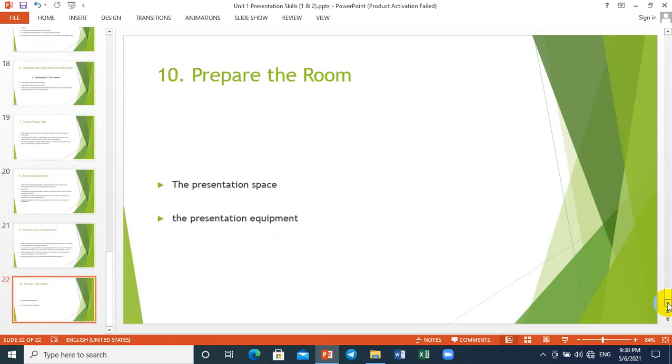And the last step is to prepare the room for your presentation. So we need to think about the presentation space. The space must be suitable for the number of the audience. And we also consider the presentation equipment.